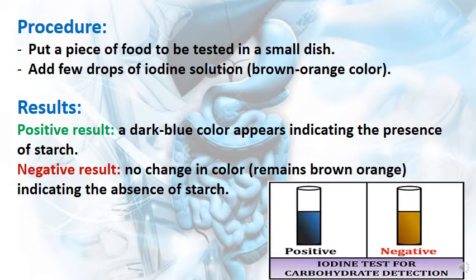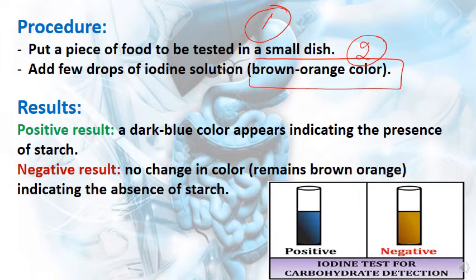What is the procedure? Number 1, we put a piece of food to be tested in a small dish. Then, step number 2, add a few drops of iodine solution. The iodine solution has a brown to orange color. What are the results? If we have a positive result, we have a dark blue color.